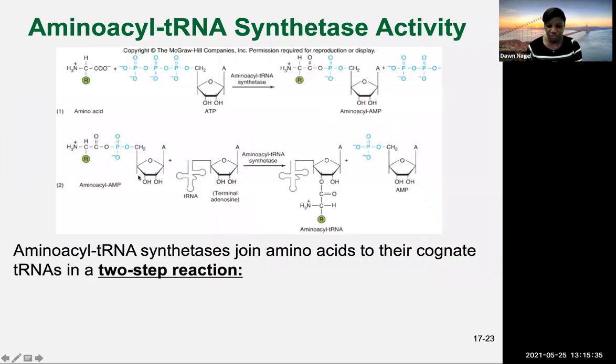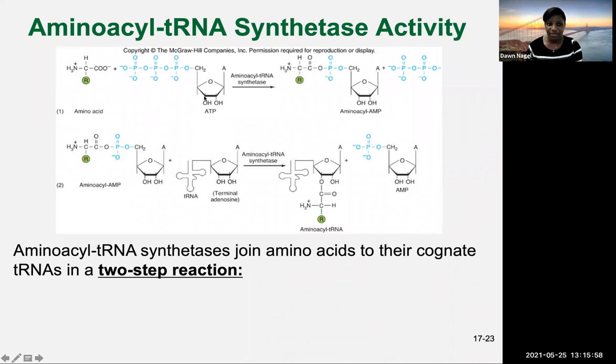So the way that the charging works is really because it's absorbing energy. So you have your amino acid. This amino acid gets a phosphate group from ATP, right? With ATP, it's an energy source in the cell. Cleavage of a phosphate bond really generates a lot of energy.